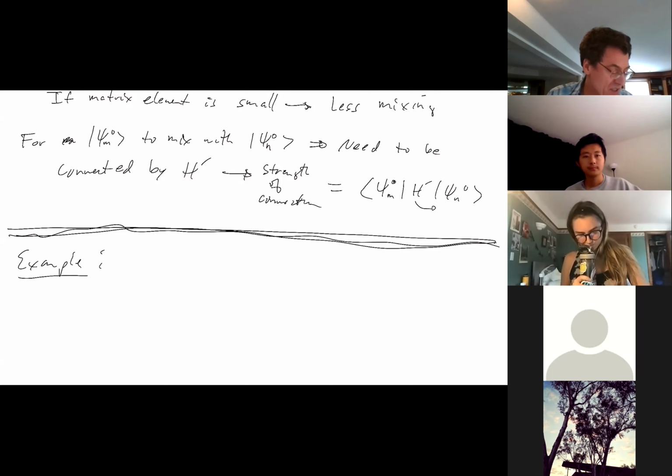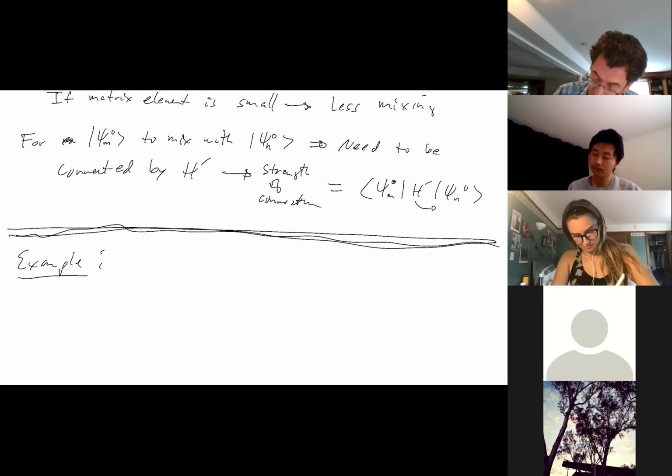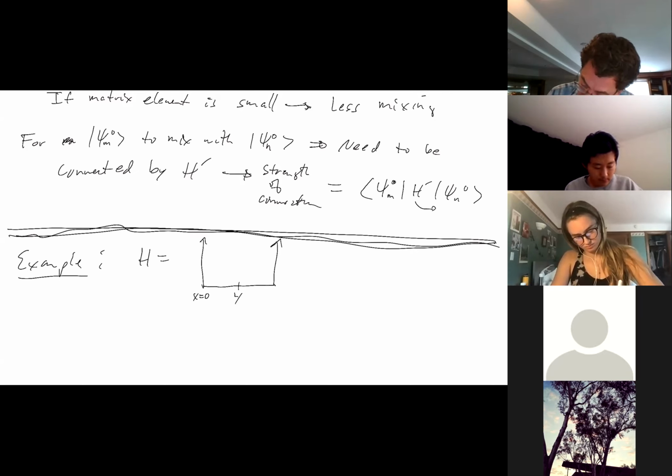Suppose I give you this. I have a square box, but half of it, from x equals 0 to L over 2, is normal, but from L over 2 to L, I give this weird potential.